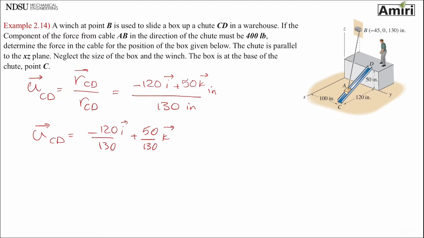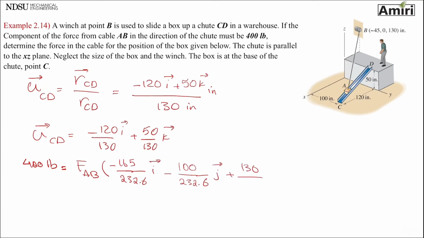So let's see. 400 pounds is FAB times (minus 165 over 232.6 I, 100 over 232.6 J, 130 over 232.6 K).